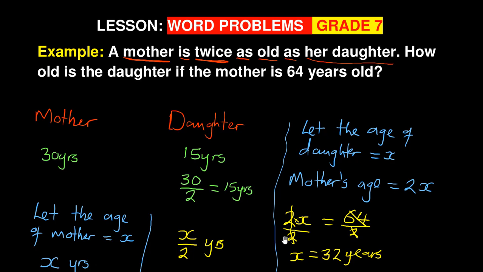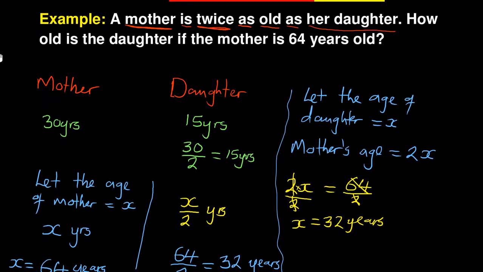So which means the daughter's age is 32 years. So you can conclude and say, if they say how old is the daughter, you say daughter is 32 years old.